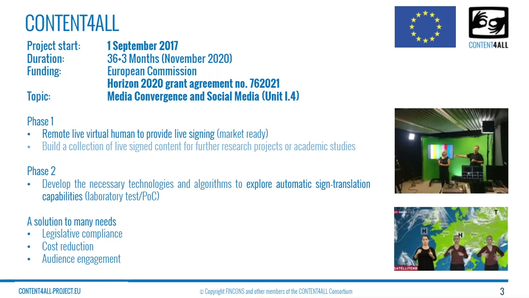In the second phase of the project, instead, we are trying to animate the virtual human automatically by analyzing the subtitles of the TV stream and then extracting the animation parameters corresponding to the text on the screen for the virtual human.